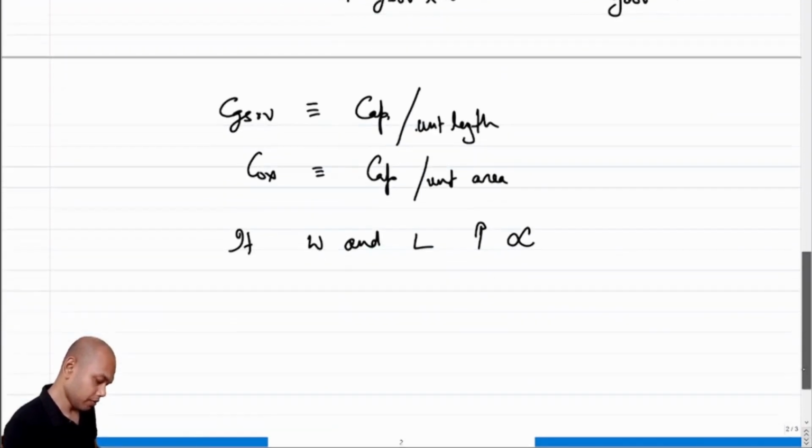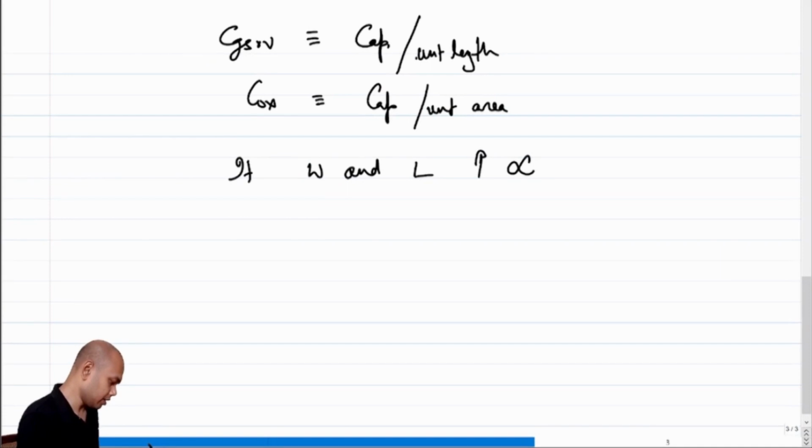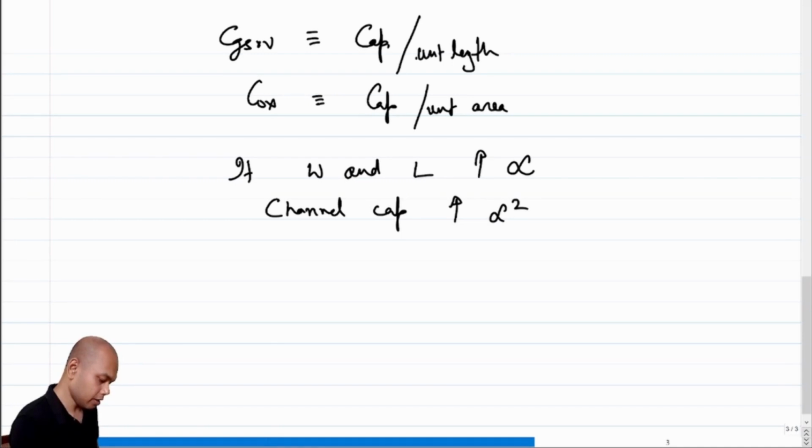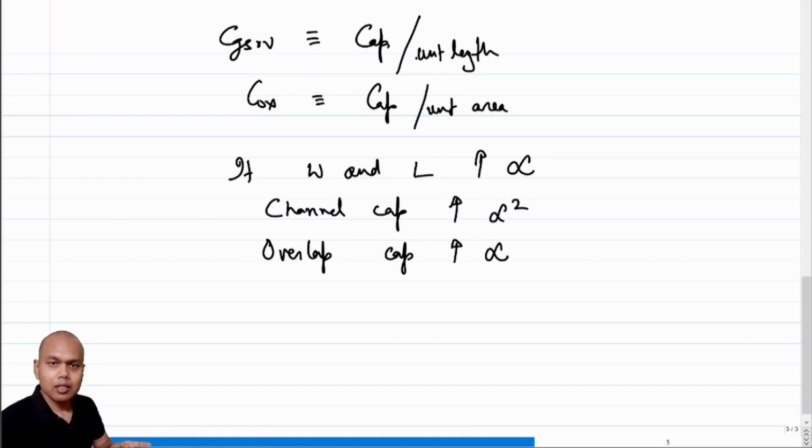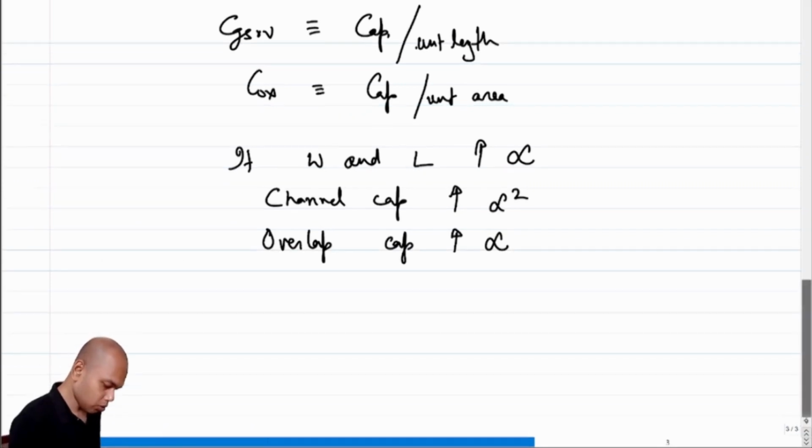So if we say this, then we can say that the channel capacitance increases by alpha squared, and the overlap capacitance increases by alpha. So they don't scale similarly. So this can have design impact, right? Okay, fine. That is something that is good to know.